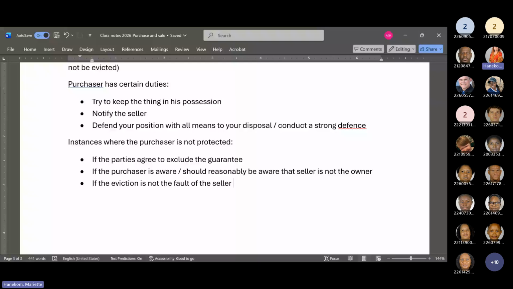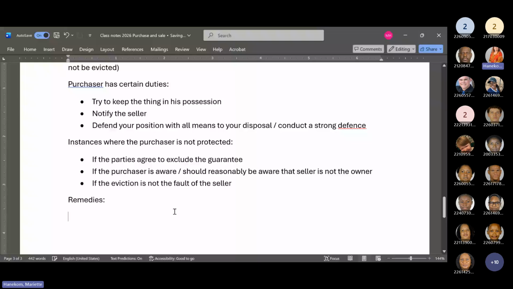But if it's not one of these instances where the guarantee doesn't apply, and the purchaser has followed the rules, but despite that the thing is evicted, it belonged to somebody else, and they could prove it, and you are deprived of this thing, the true owner took it away.